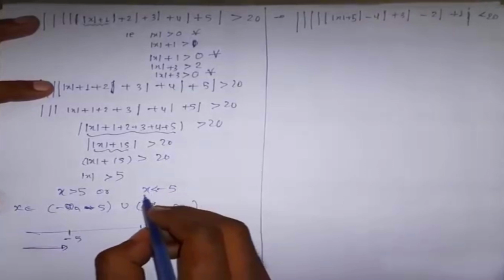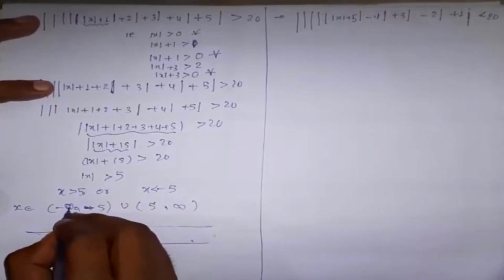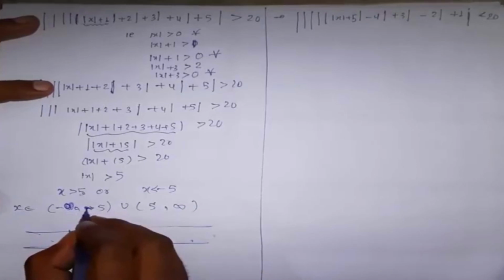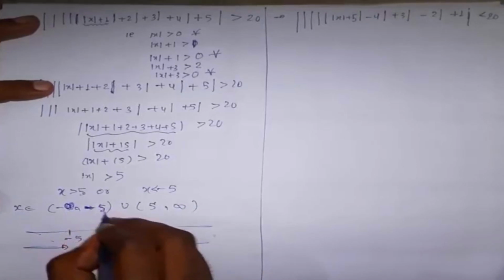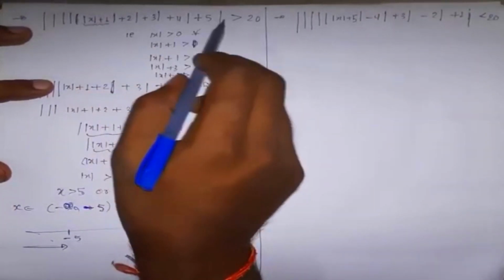Okay, so these are the values of x, minus infinity to minus 5 union 5 to infinity. These are the values of x for which this equation is satisfied.